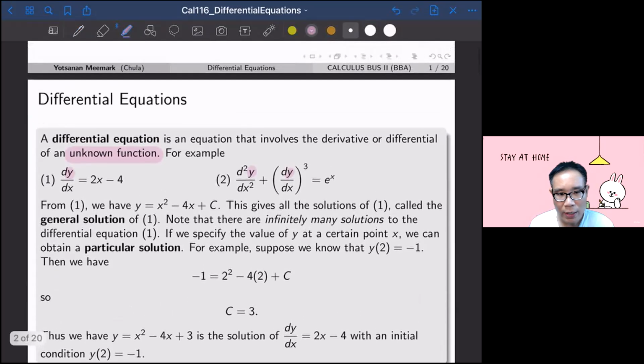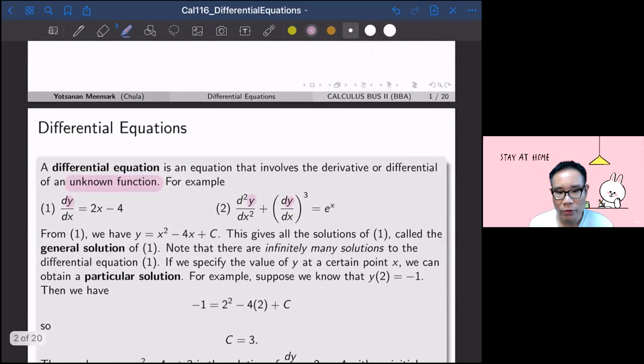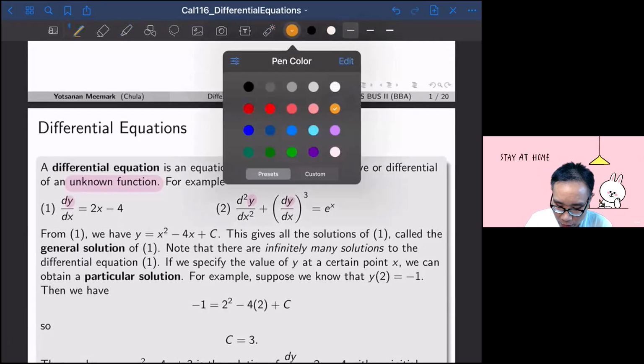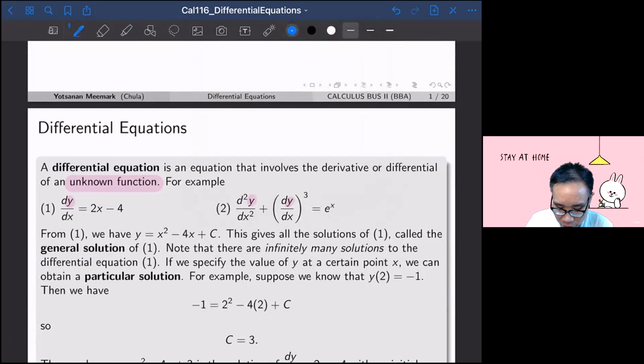So what does it mean to solve this differential equation? We'd like to recover the function y that has derivative equal to 2x minus 4. So if I begin with dy/dx equal to 2x minus 4, I'm going to write it here.